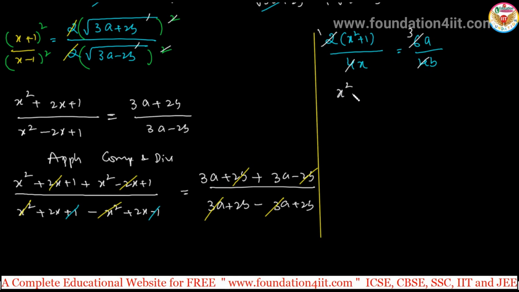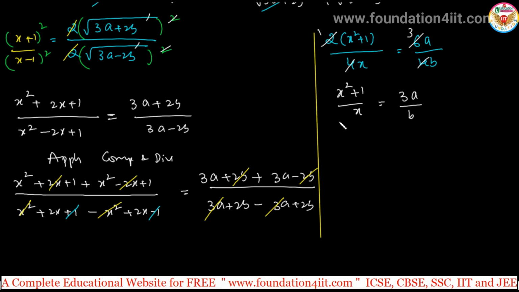Finally, x square plus 1 by x is equal to 3a by b. You can go for the cross multiplication and get the answer.